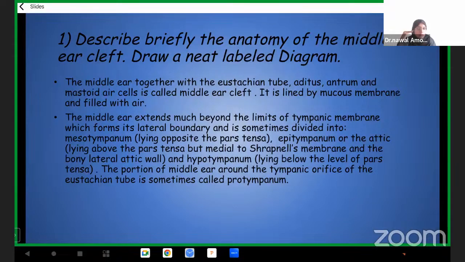Epi, meso, hypo. The epitympanum is also known as the attic. It is actually above the pars tensa, but it is medial to Shrapnell's membrane.